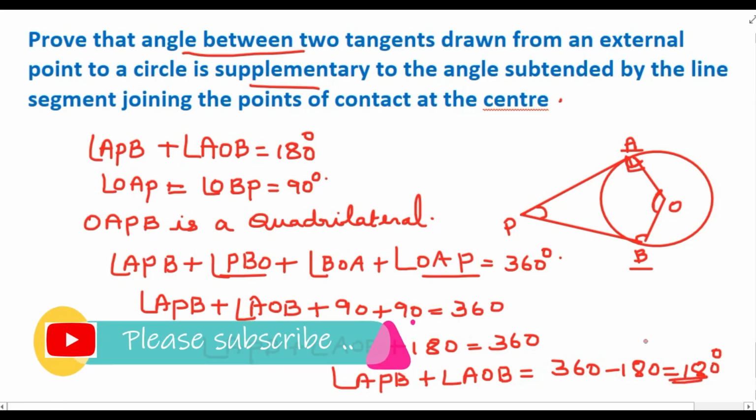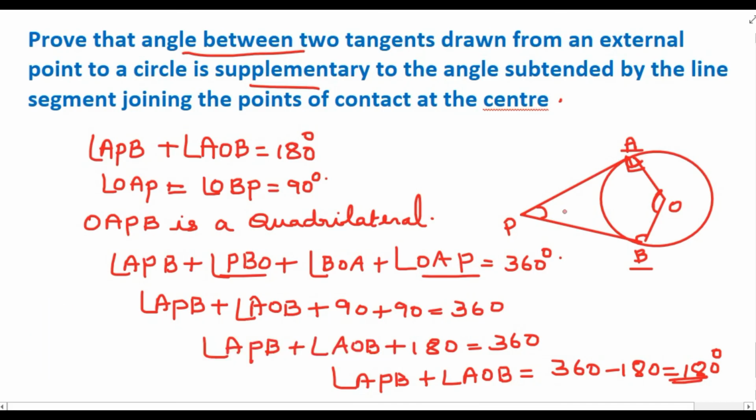That means the angle between two tangents drawn from the external point to the circle is supplementary to the angle subtended by the line joining the points of contact at the center. That means when you add these two angles, you will get 180 degrees.